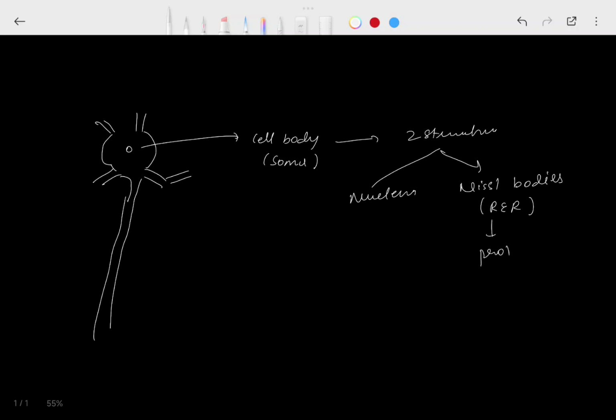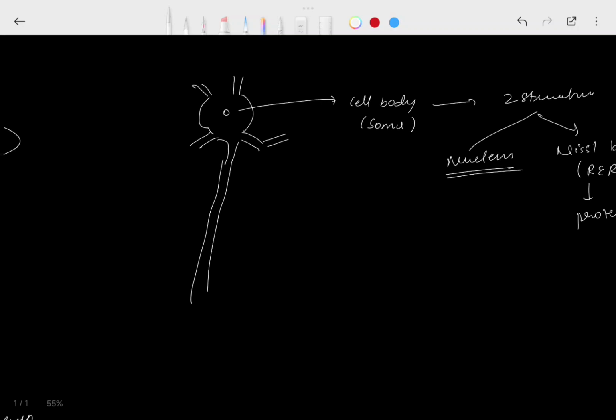Protein synthesis is affected during nerve injury. The nucleus controls the function of the neuron.